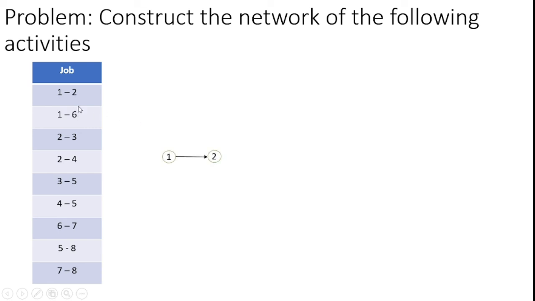So 1 to 2 is the initial, so I can represent node one and node two, and I can join them with each other with the arrowhead. After that, the second job is 1 to 6, so I can represent 1 to 6 like this. After that, 2 to 3, I can join 2 to 3 likewise. After that, 2 to 4, I can join like this.